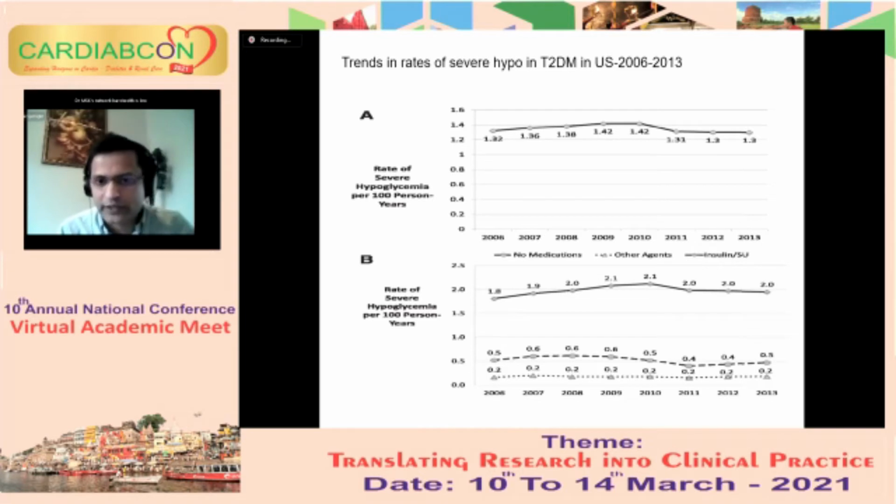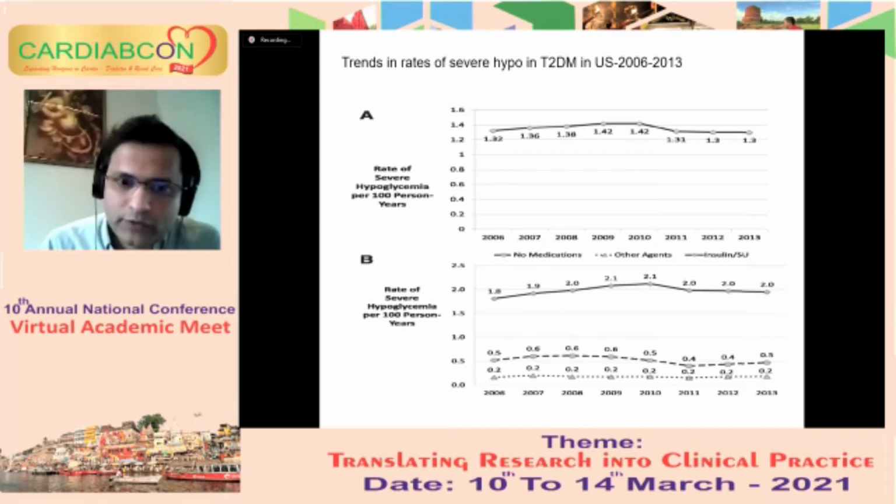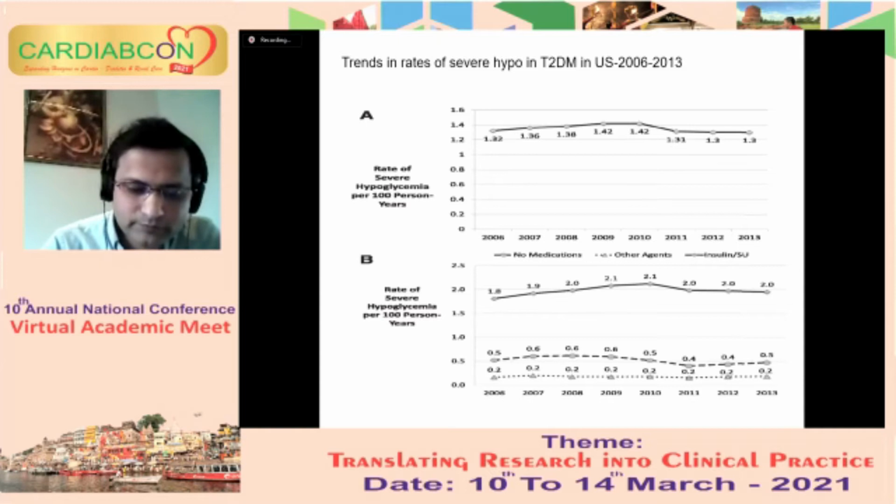The trend was increasing till 2010; since then it has come down, but if we compare that to 2006, there is not much change. And not surprisingly, the risk of hypoglycemia remains high with insulin and sulfonylureas as compared to the other agents.